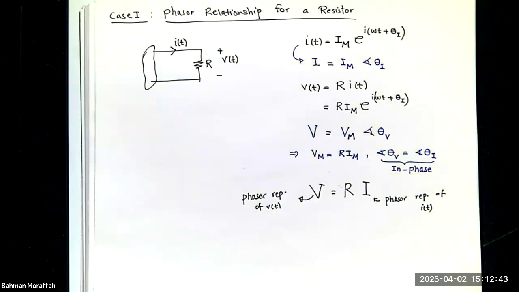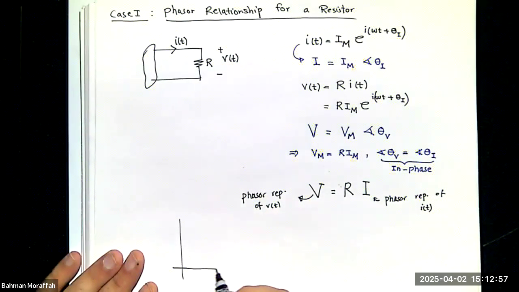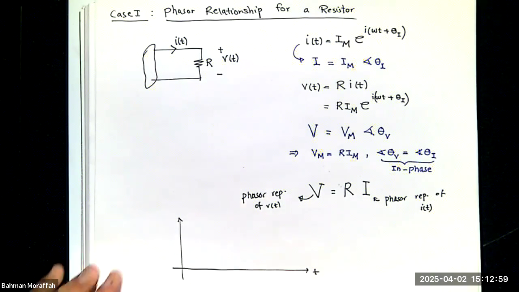Let me quickly plot v(t) and i(t). We know exactly how they relate to each other. So if I plot it, this is t.